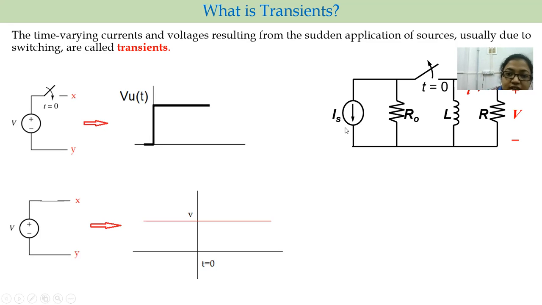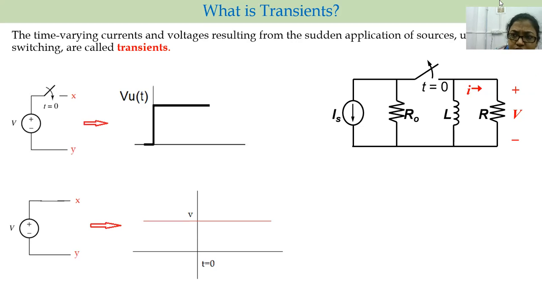Now in this circuit you can see there are some R, L, and another R. Initially one current source was connected and the switch was closed, but when this switch suddenly opens, again a transient occurs, means switching from one level to another level.